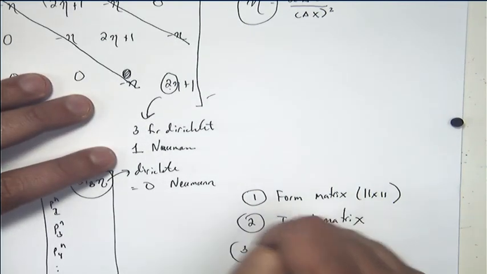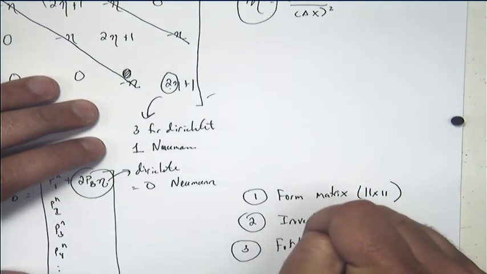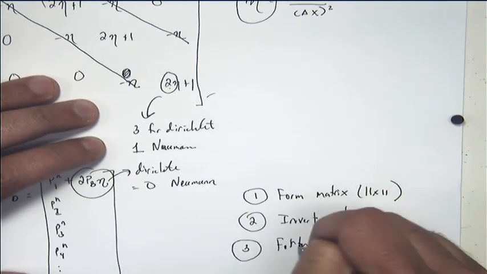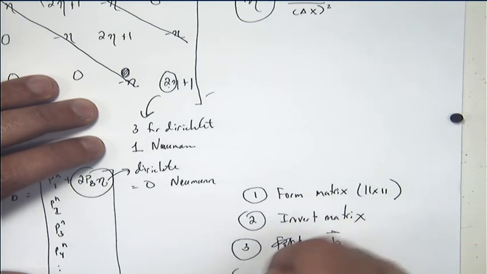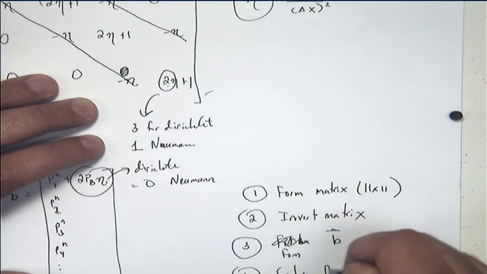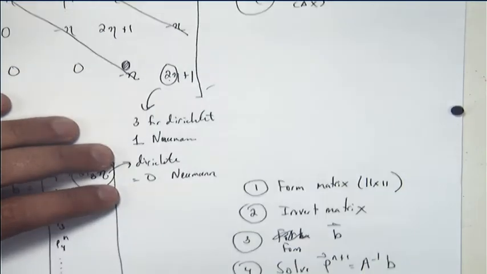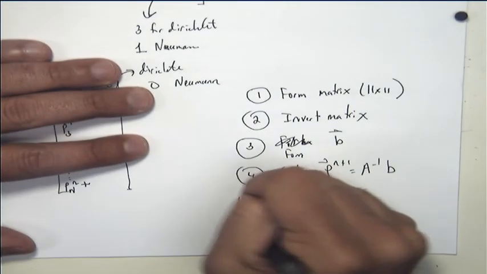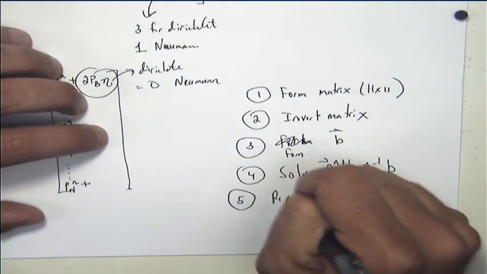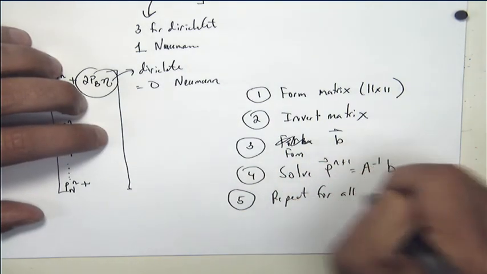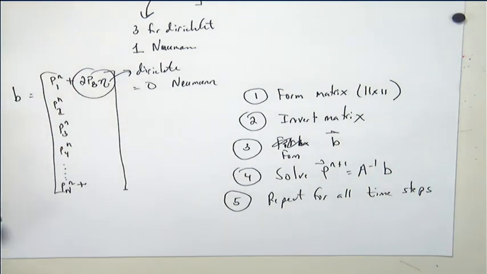Then we'll form B. And then we'll solve A inverse B. And then we will repeat for all time steps. Okay, those are our 5 steps.